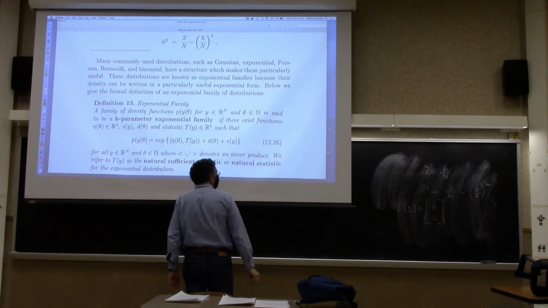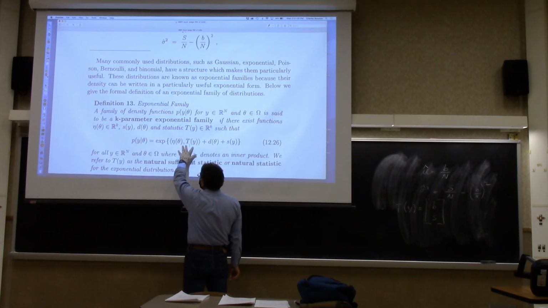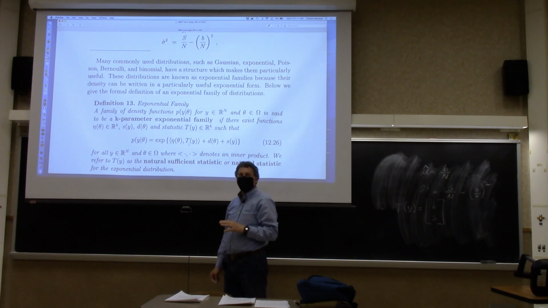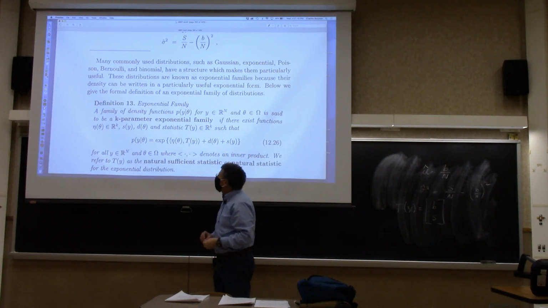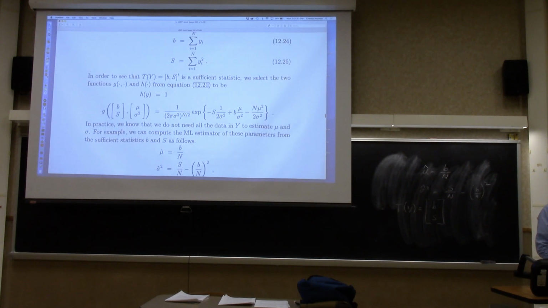So the question is, if you can write the distribution in this form, there's an important constraint here, which is that this is an inner product, so it means it's linear. Inner products have to be linear. So that's got to be true. If you go back and look at this expression over here, you can see that it's true, because this is S, and this is a function of the parameters. 1 over 2 sigma squared is a function of the parameters, and mu over sigma squared is a function of the parameters.